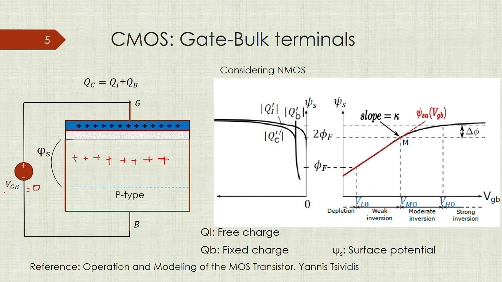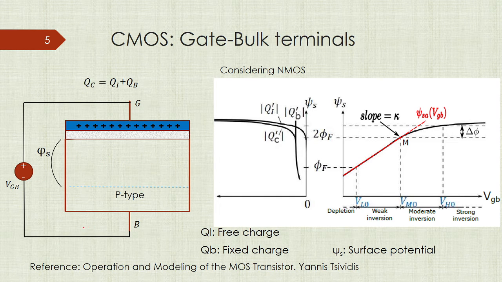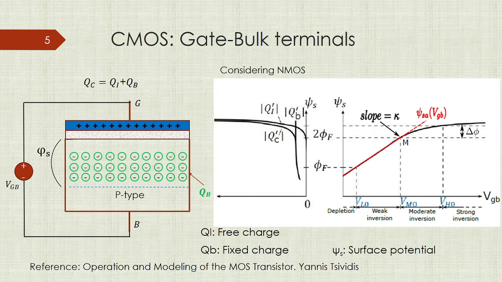but then when we increase the VGB voltage, the charge on the gate will repel those positive charges, they will move down, and what we will get then is a negative charge. But this is fixed charge.